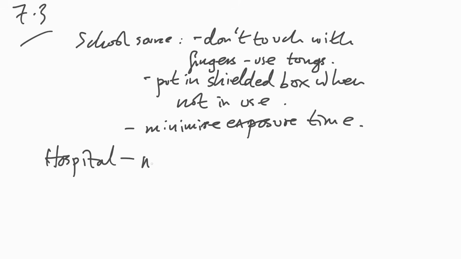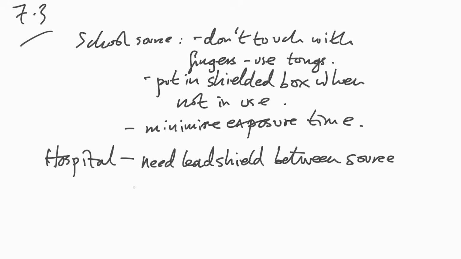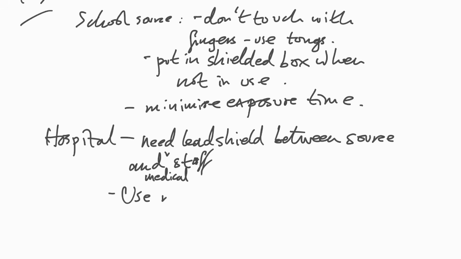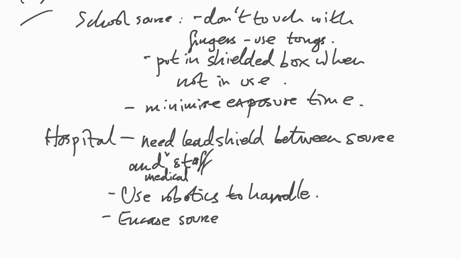So we need lead shield between source and staff, medical staff, we can say. We can say we can use robotics to handle. We can't just use longer tongs because this is way too dangerous for that. What else could we say? Encase source. I've got to be careful here. It is not going to be a source that is used as a tracer.